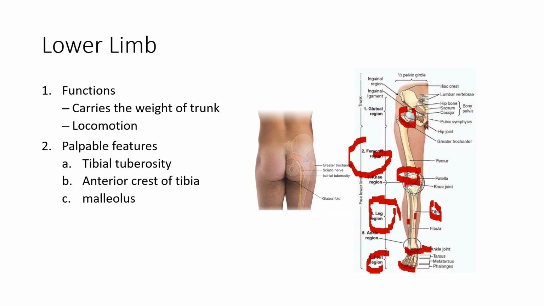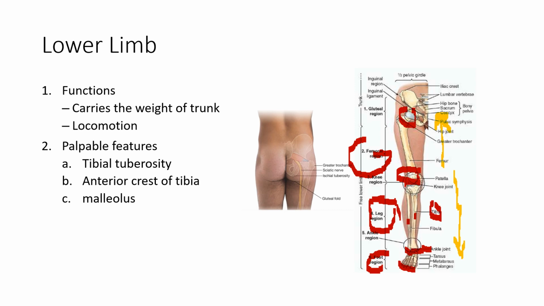If you recall, the tibia is moving away from the point of attachment, which in this case is the hip, and the femur is closer to the point of attachment. So the tibia is distal to the femur.